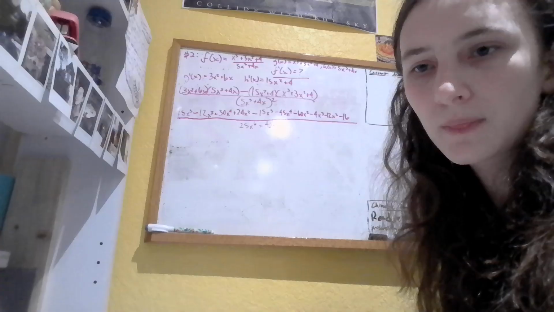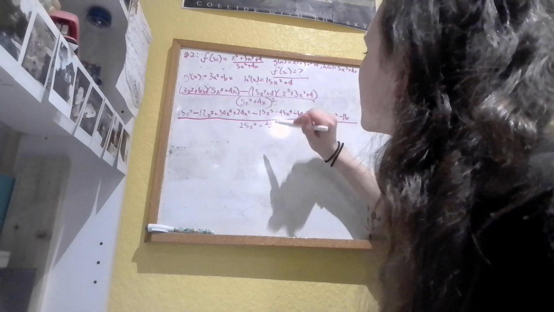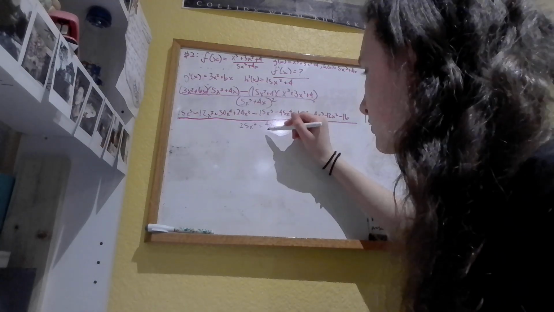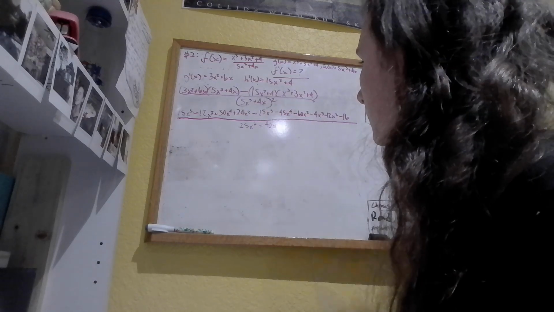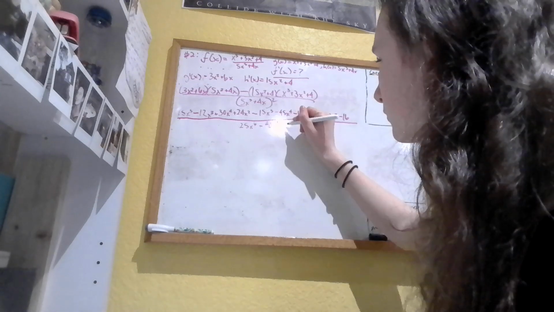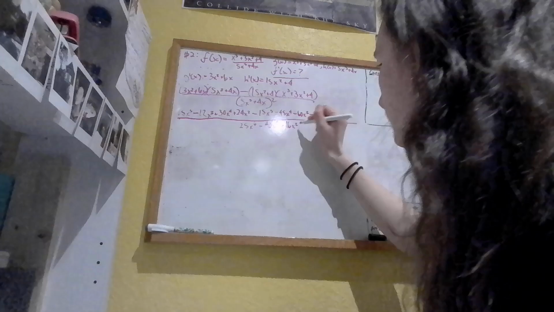No, it's not. Okay, apologies. No, this was correct. We have 5 times 4, 20, times 2, 40, x to the power of 4, plus 16x squared.